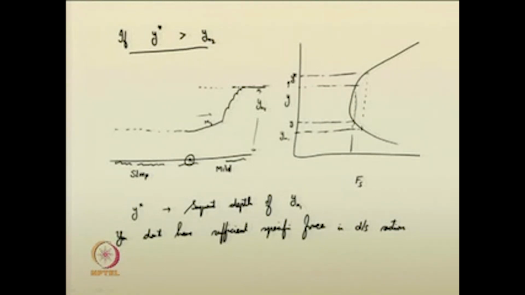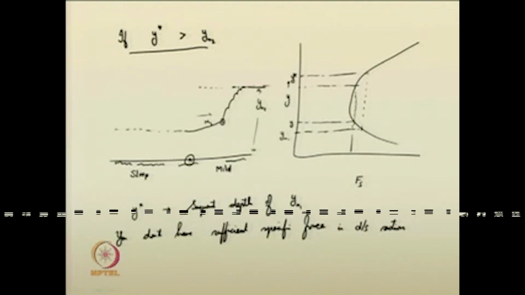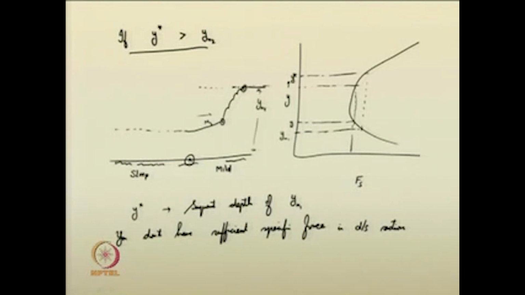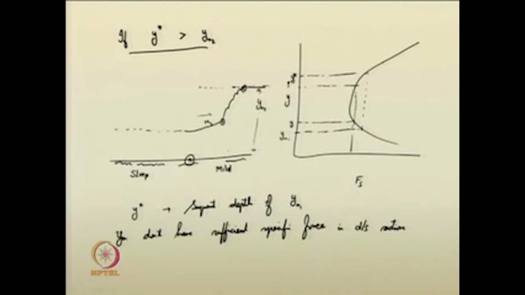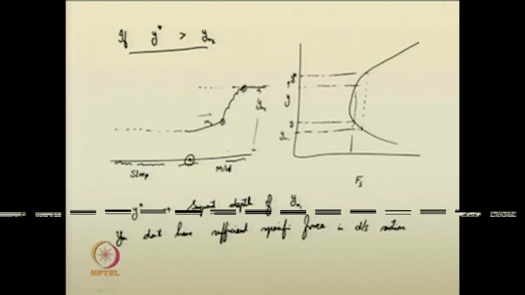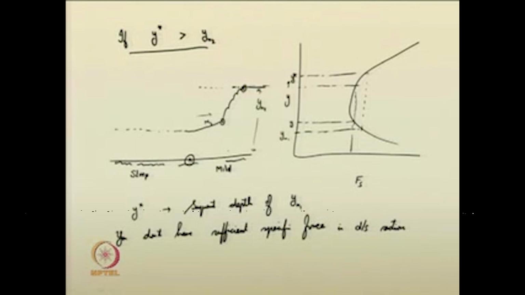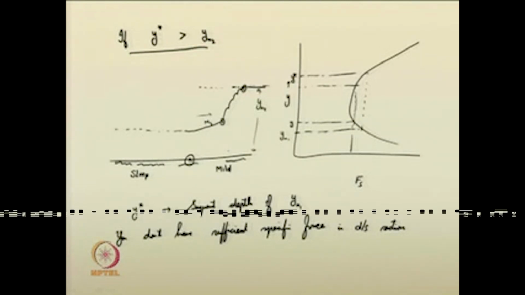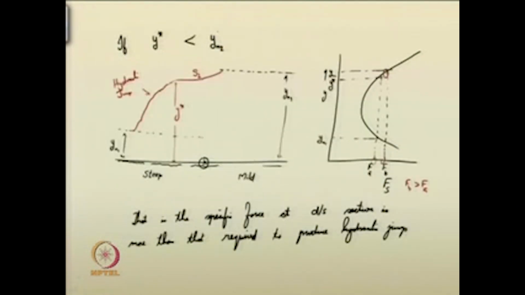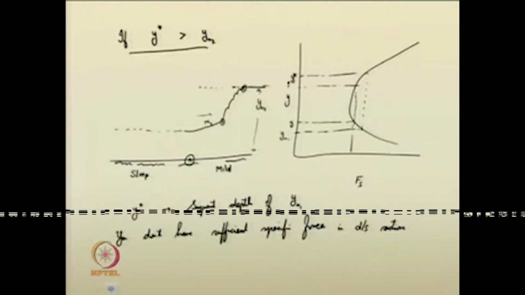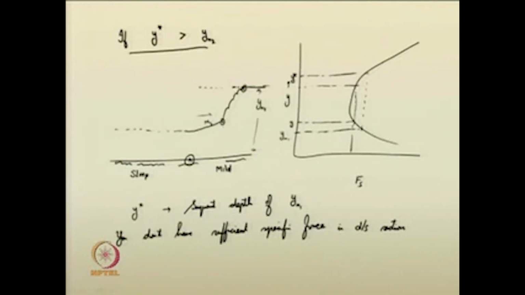Now you can see that at both this location and this location, they are having the same specific force, which is a requirement for a hydraulic jump. This is how you identify the location of the hydraulic jump for a situation where the normal depths are not sequent to each other, are not sequent depths. As we have seen in the previous case, the jump is pushed upstream, and in the subsequent case we have seen the jump is pushed downstream.